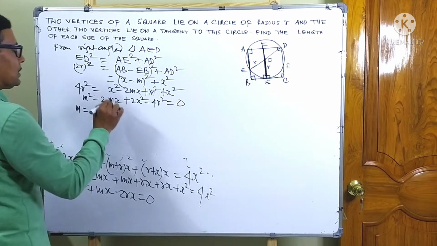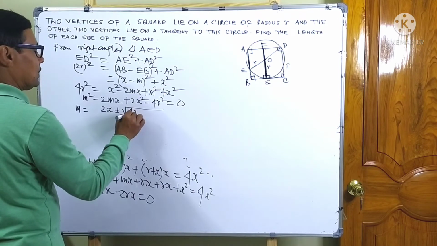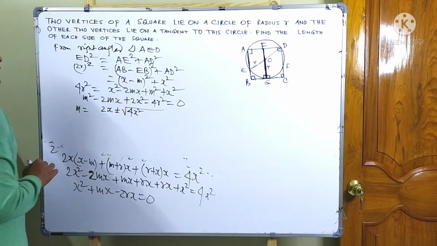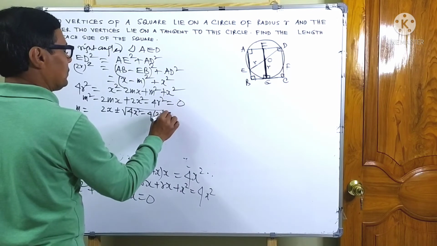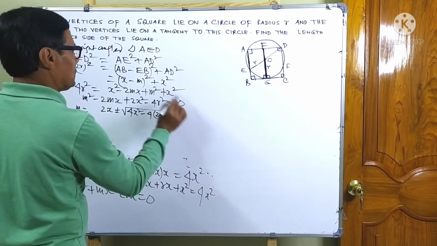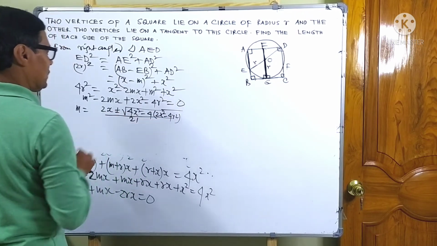2x plus minus root over of 4x square minus 4 times (2x square minus 4r square), over 2 multiplied by 1.